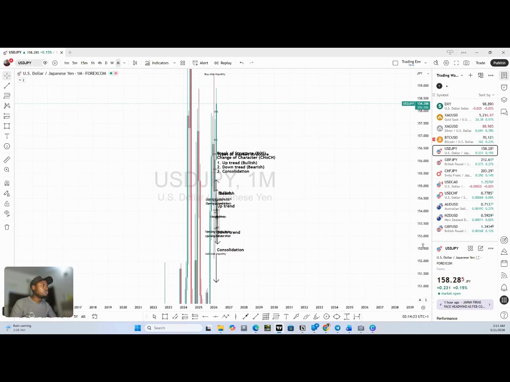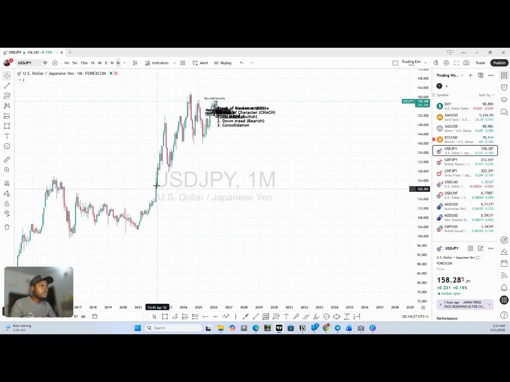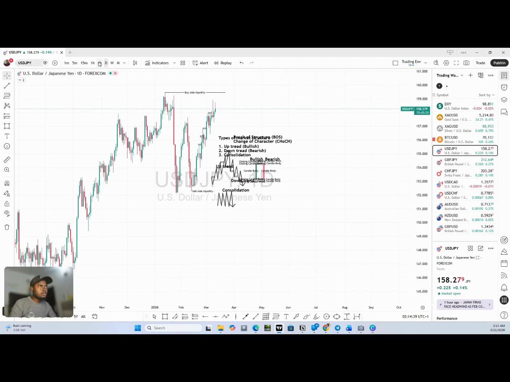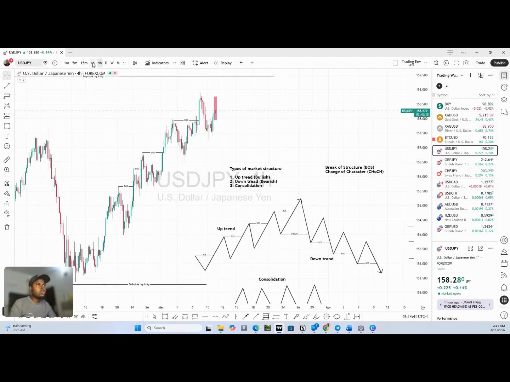Monthly, if you change it to monthly, every candle here represents monthly activity. The same thing for weekly. Every candle represents 1 week activity. The same thing with daily, the same thing with 4 hour, the same thing with 1 hour, the same thing with even 1 minute.